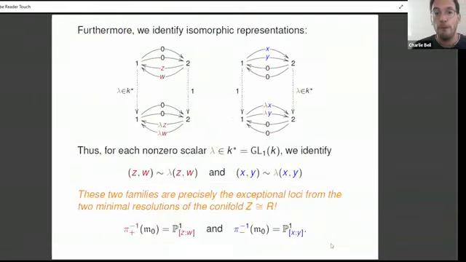Furthermore, we identify isomorphic representations. So this was up to isomorphism. And when you look at isomorphic representations, you can always rescale so that there's a 1. Here, the dashed lines going down are the isomorphism maps.